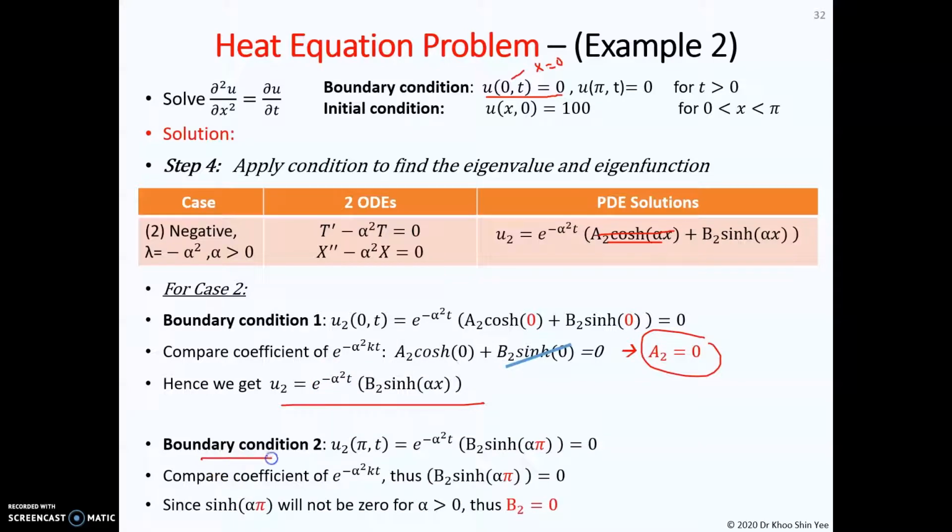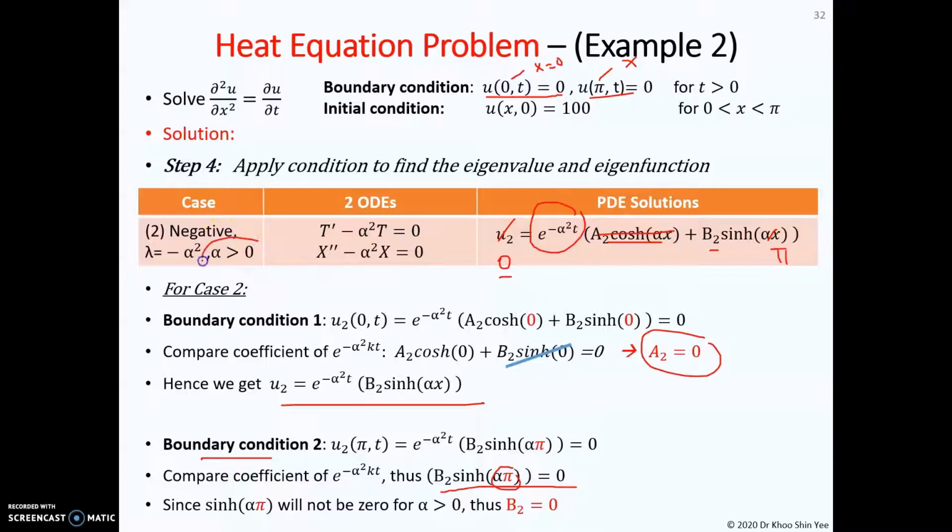We continue to apply the second boundary condition here. Substitute x equal to pi, you obtain u equal to 0. So u equal to 0 when your x is equal to pi. Compare the coefficient for the exponential on both sides, you obtain 0 equal to b2 hyperbolic sine alpha pi, which is equal to this term. To solve this, you must understand what is alpha pi.